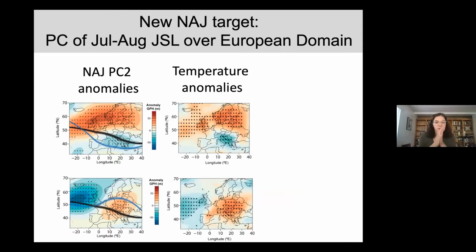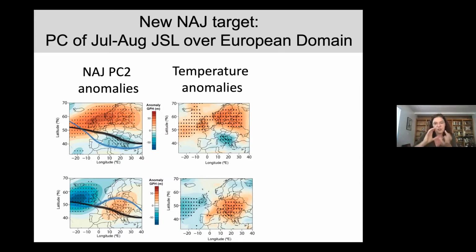I won't go into too much detail, but it turns out that if you take the field of jet latitude as we calculated before, but over Europe, so 30 west to 40 east, and you do a PC analysis of that, it turns out that PC2 really reflects the temperature dipole that I talked about before quite well, as you can see on the maps on the right.